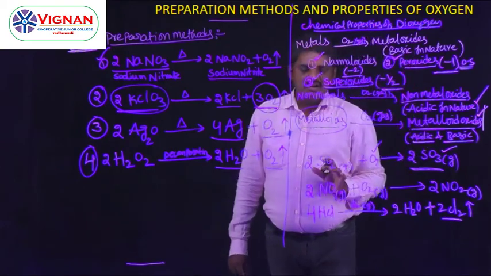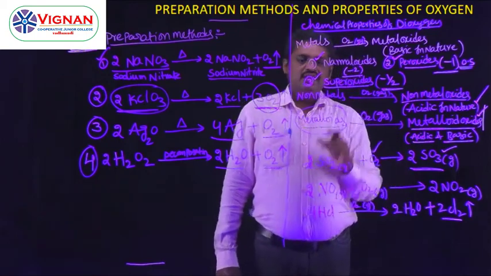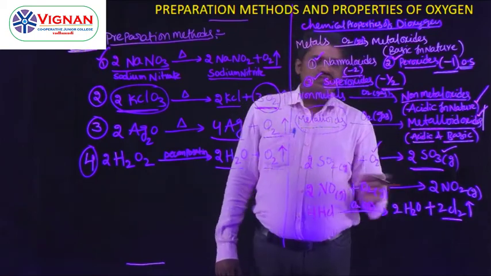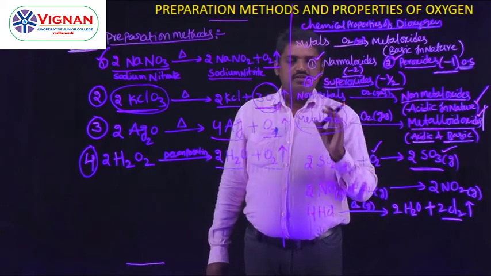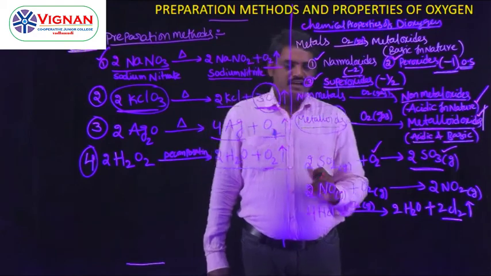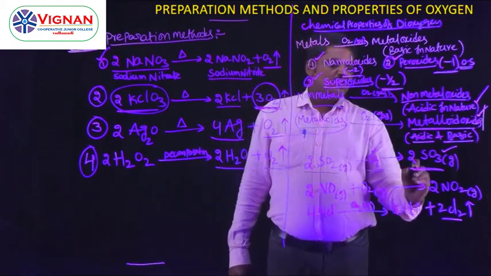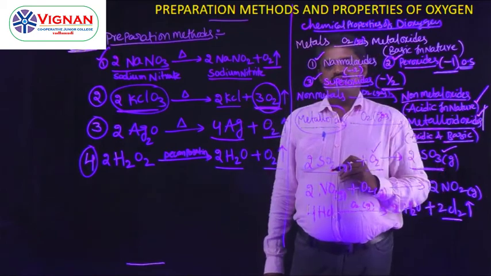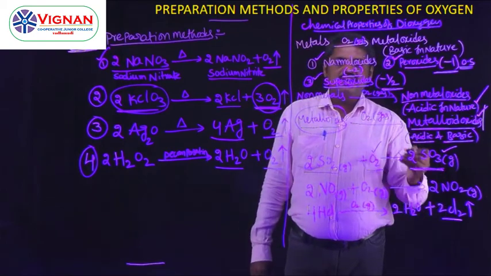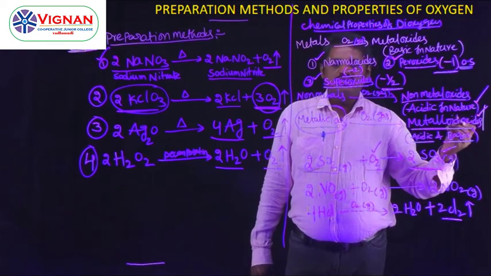And next, oxygen is used to make sulfuric acid, nitric acid, and chlorine gas. For the preparation of sulfuric acid by the contact method, unstable sulfur dioxide reacts with oxygen to produce sulfur trioxide. This sulfur trioxide reacts with sulfuric acid to produce oleum, which is diluted to produce sulfuric acid.